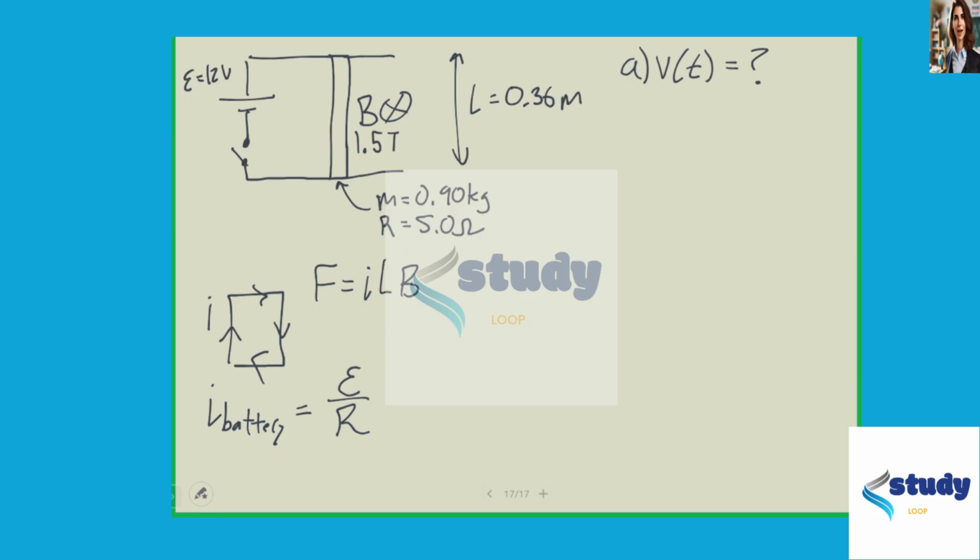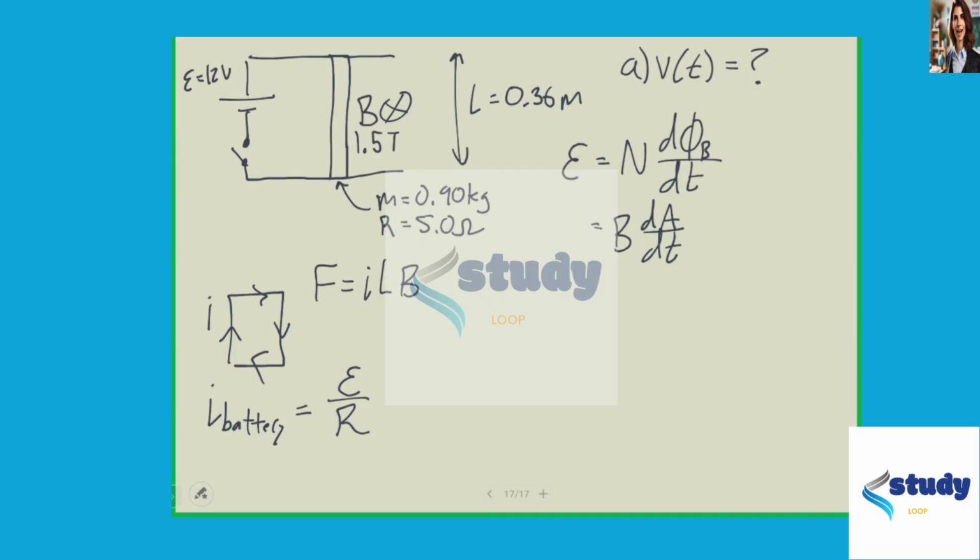So there's another current coming from Faraday's law. So first of all, we have the induced EMF is the number of turns times the rate of change of flux. There's only one turn, so N is 1. And the magnetic field is constant, so this is just going to be B times dA/dt. Right, so I just use the fact that flux is equal to magnetic field times area.